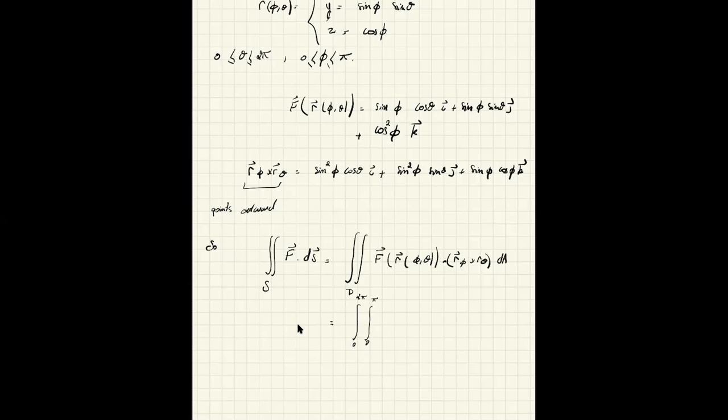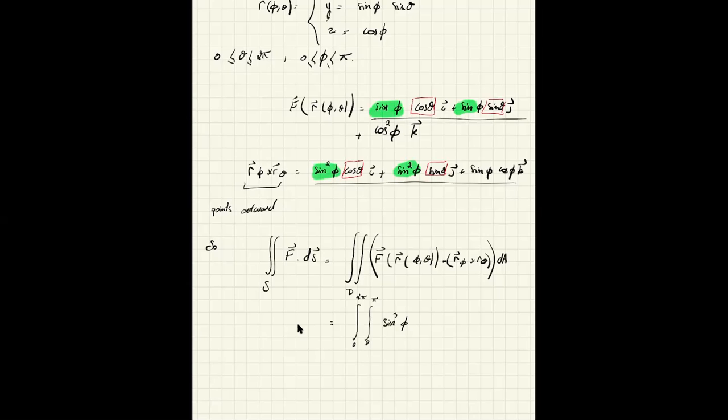So you have to multiply this and this scalar product. So it's sine cube phi. But here I'm doing some quick steps because you're going to get cos theta square with sine theta square, and you will have the same sine phi cube.